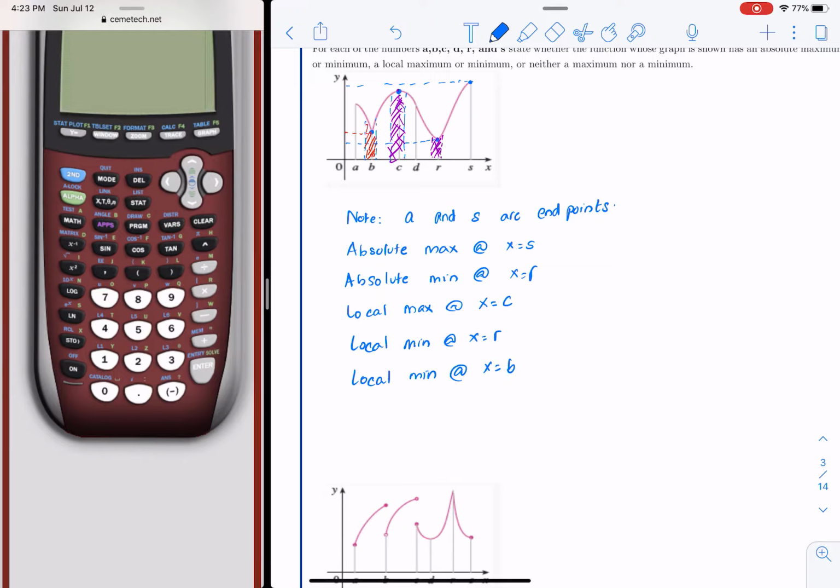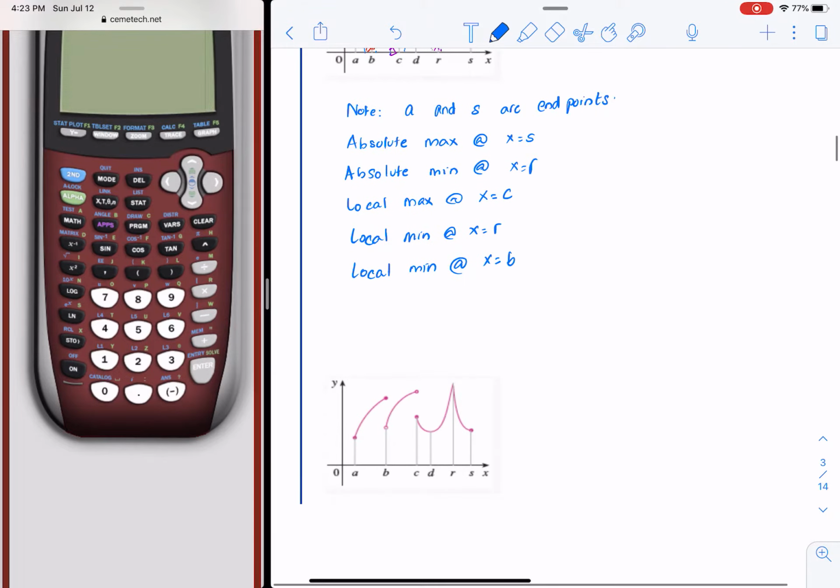And what about points D and A? Well, D is right here. It is not a peak, it is not a dip, and so it's neither a maximum nor a minimum.